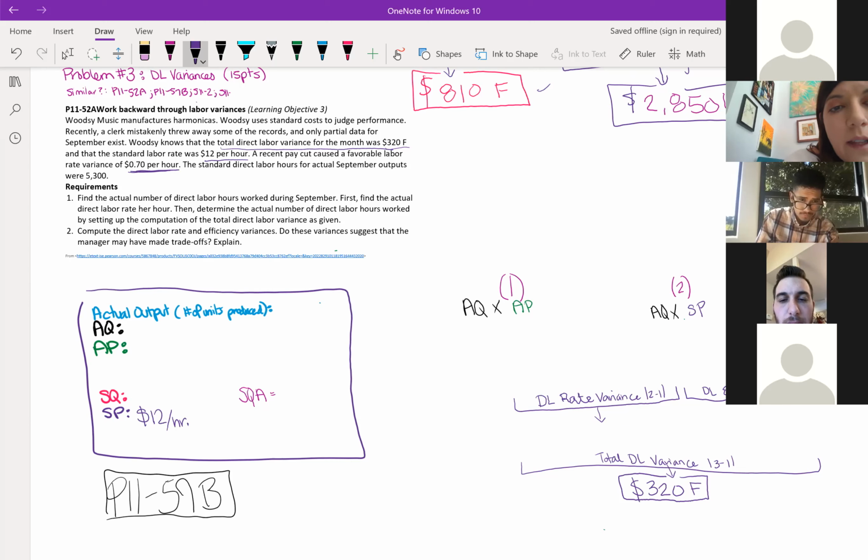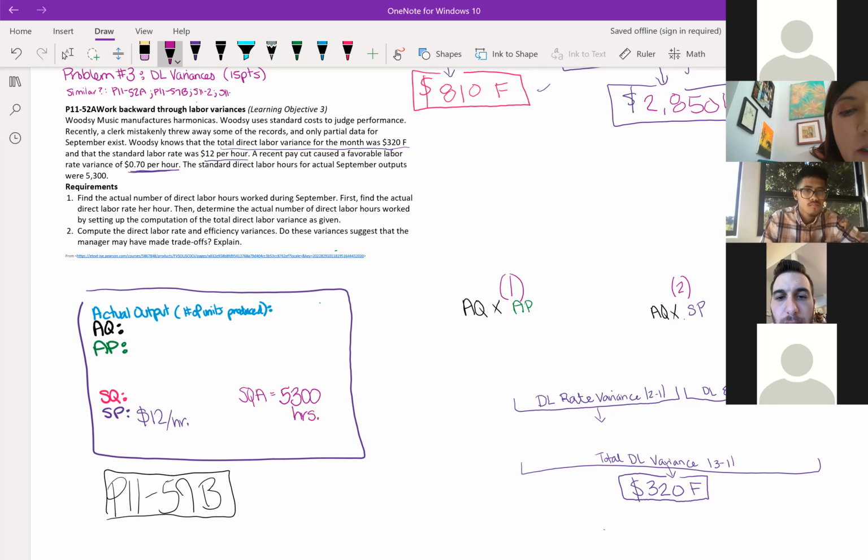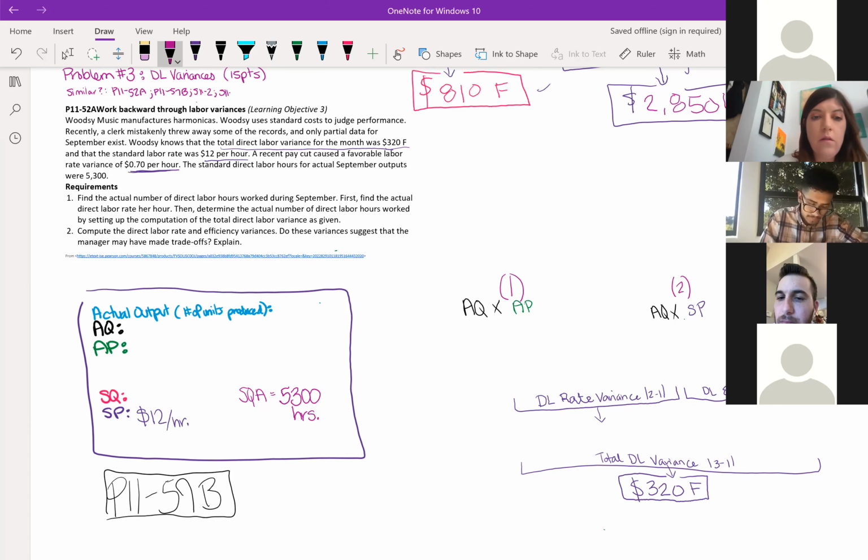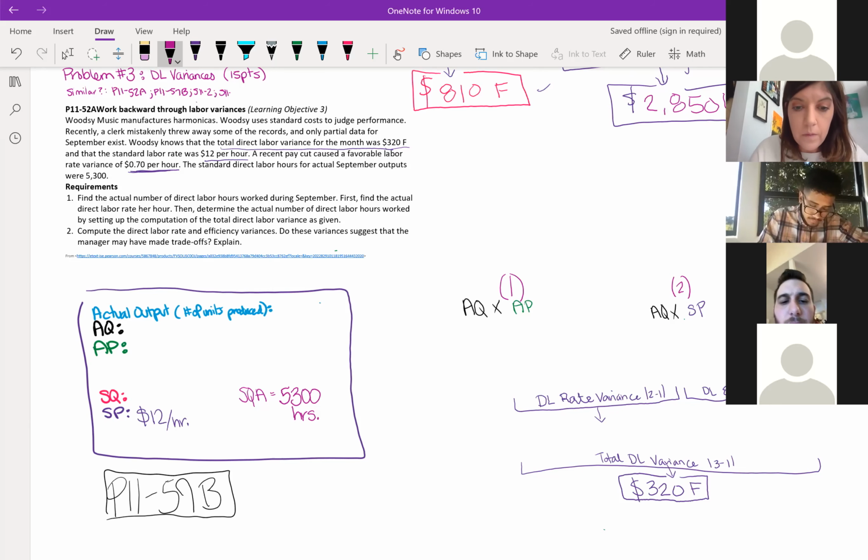The standard direct labor hours for actual September outputs were 5,300. So that's our standard quantity allowed, 5,300 hours. Why is that the standard quantity allowed rather than just the standard quantity?